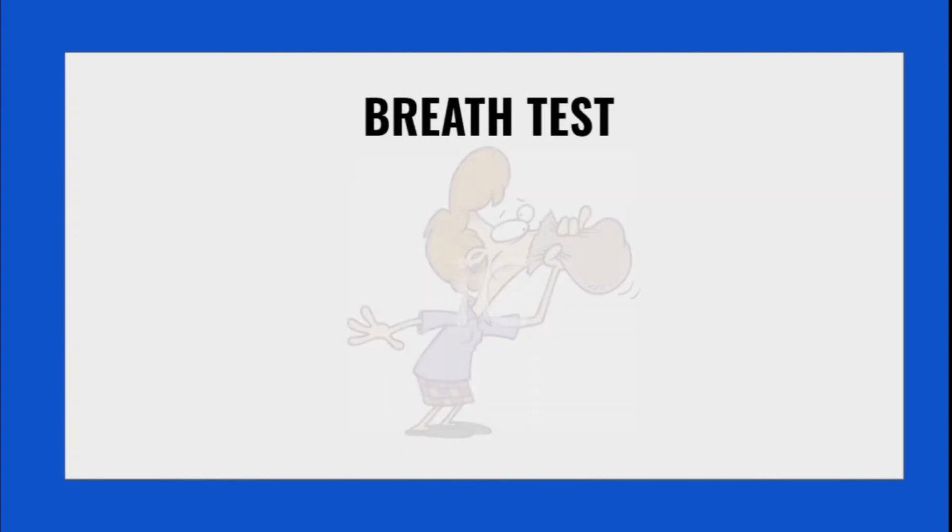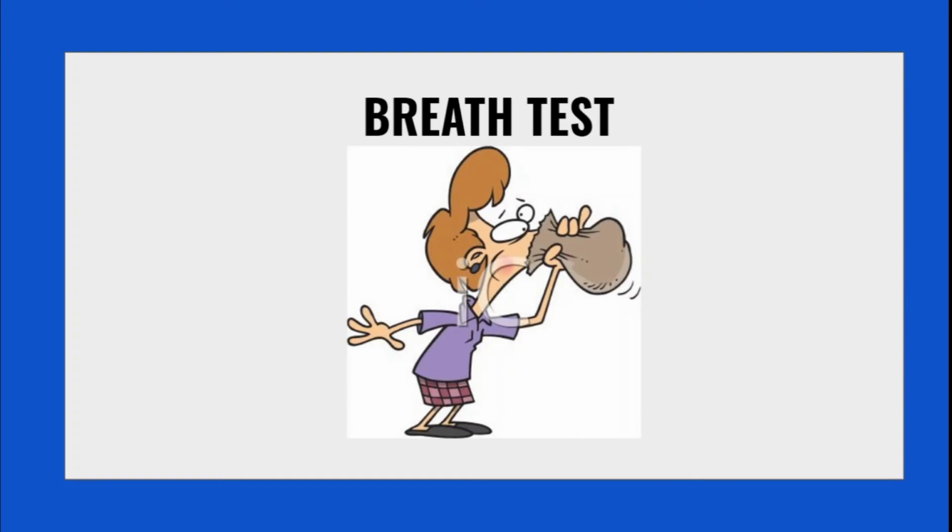So next is breath test. So this test is done for detection of H. pylori. The patient is given to eat or drink something that is again radioactive carbon, and this H. pylori, what happens if it is there in your body, it breaks down this substance in your stomach, and then the patient is asked to blow into a bag which is then sealed.